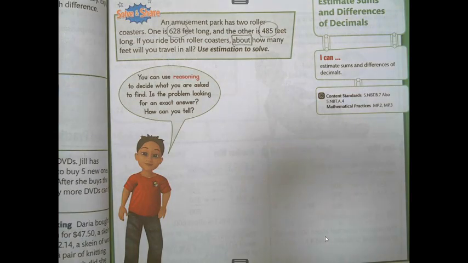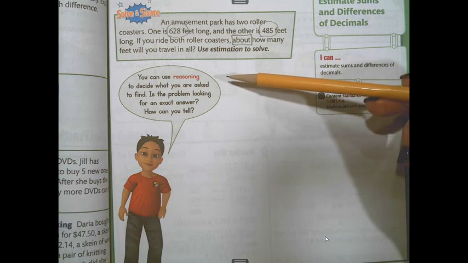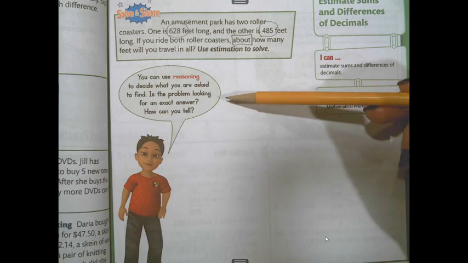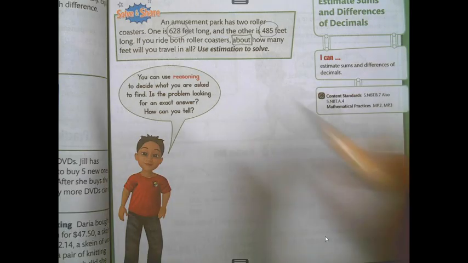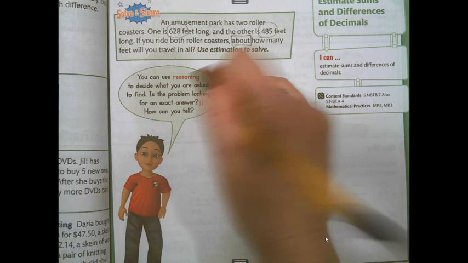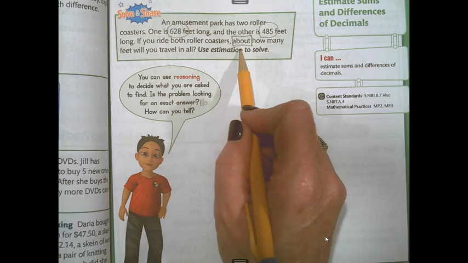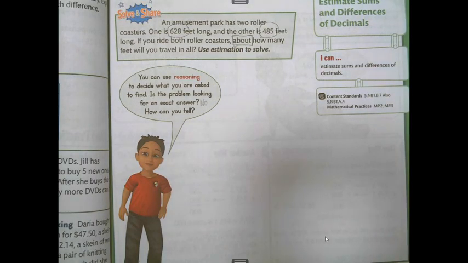All right. So our 5th grade helper tells us that you can use reasoning to decide what you are asked to find. Is the problem looking for an exact answer? And the answer is no, it's not looking for an exact answer. And we know that because of the clue here, the keyword about how many feet. Okay, so when you see that, you know you're not looking for a precise answer.